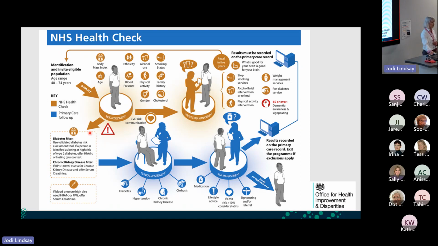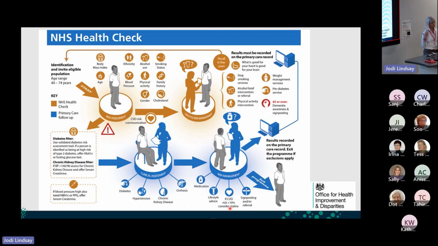But there's also a potential pathway to then move into clinical risk assessment, especially if people are suspected of having diabetes or high blood pressure, and so there are more clinical assessments that are done. And then risk management for those individuals, including medications, lifestyle, and if CVD risk is over a certain amount, consider adding in statins.